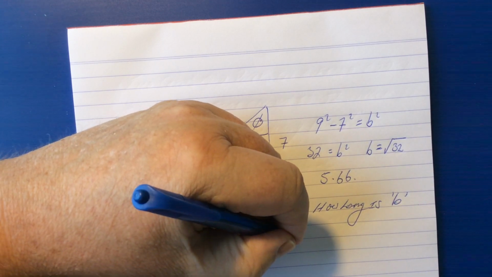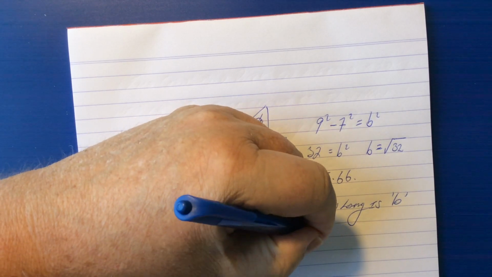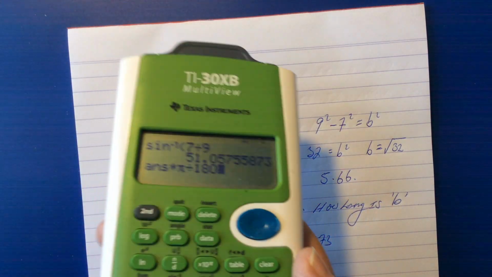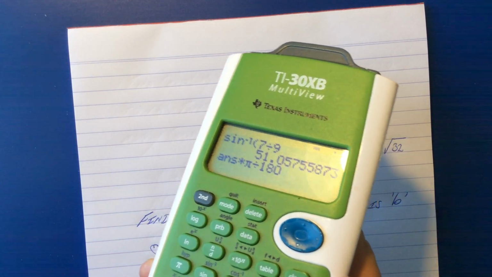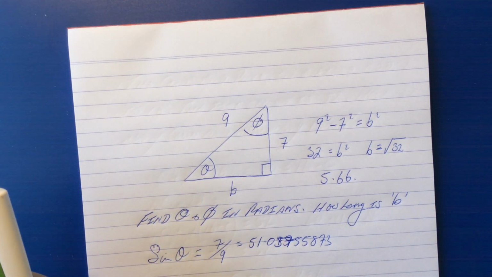I normally round, especially when I'm demonstrating, but what I want to do now is convert this to radians, and the easiest way to do that is to multiply this number by pi divided by 180. So you can see that happening on the calculator there, rather than put the calculator into radians.